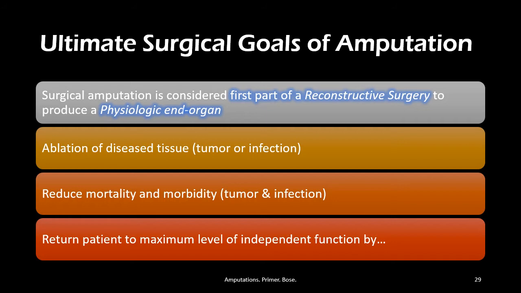And now, the other surgical goals are to remove dead tissue, a tumor or an infection, reduce the mortality and morbidity because of the presence of dangerous substances, and then the eventual goal would be to return the patient to maximum level of independent function, which ties in with the physiologic end organ. Now, for the patient's stump to be able to accept a functional prosthesis, the goal would be to conserve the stump length for functional use. So the length of the stump actually helps in better prosthetic sockets that will fit it when the artificial limb is manufactured.